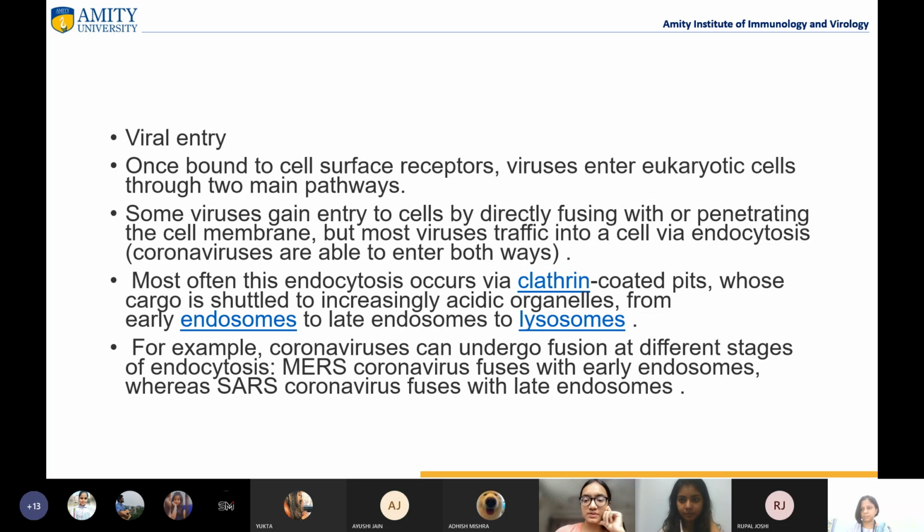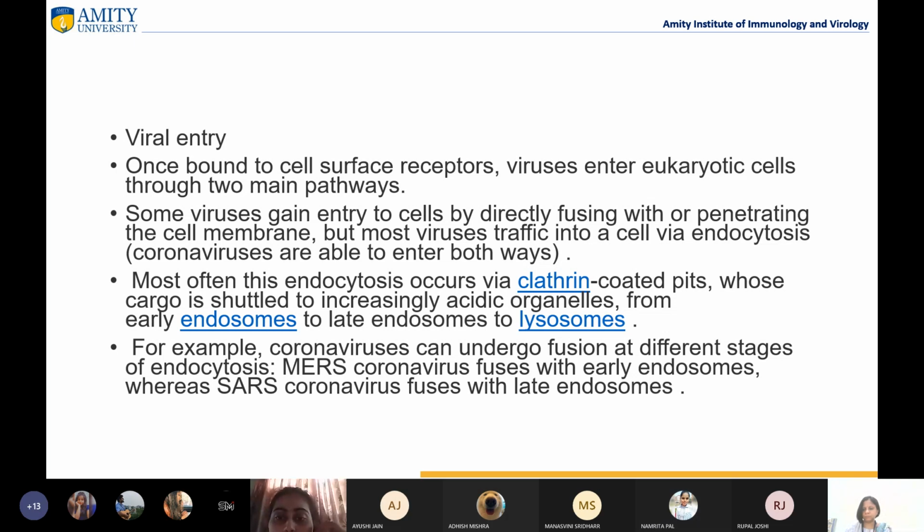Manaswani, Namrita, Nandini, Nehal, Rupal, Sanjana Sharma, Shakti, Tanvi, Ritesh, present, ma'am.